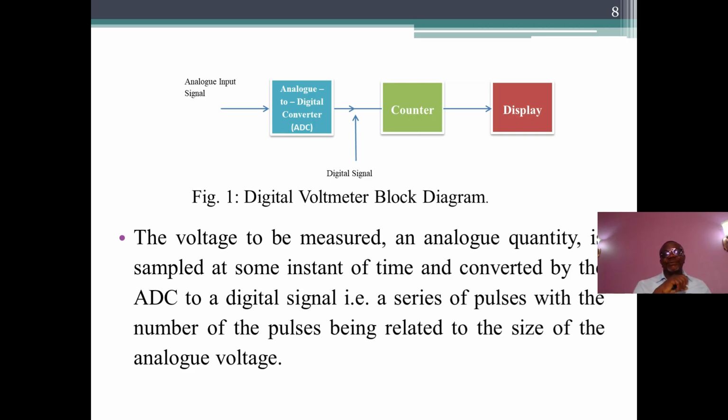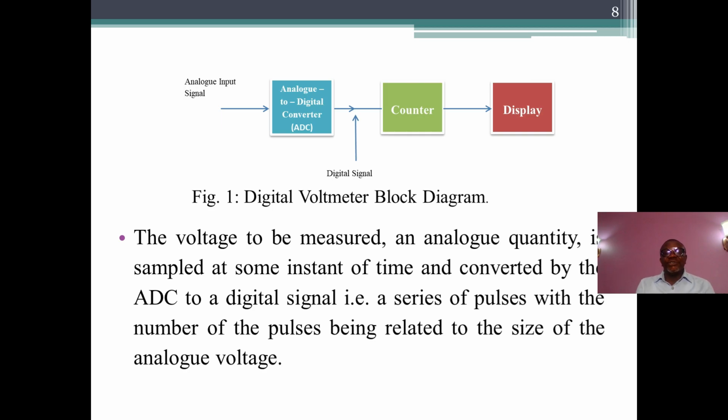This is a simple block diagram, but in each of the blocks, there are lots going on. So as we go on, we will see two examples of what is going on inside each of the blocks.